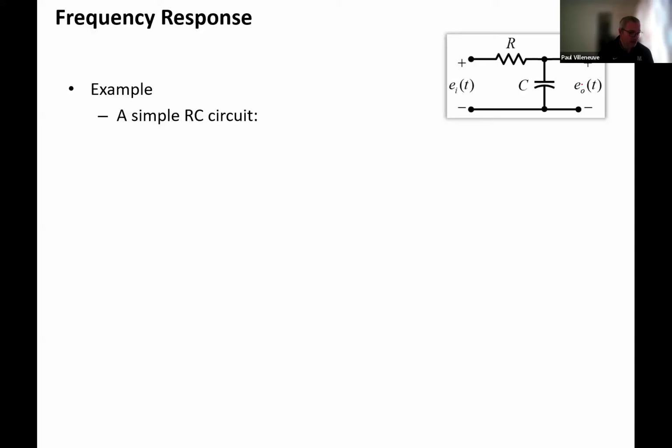So looking at this circuit, can anybody tell me, just thinking about it kind of randomly, if I look at the circuit, do I know if it's a high pass or a low pass filter? Let's just look at that quickly. Is this a high pass or a low pass? Or do you not know?